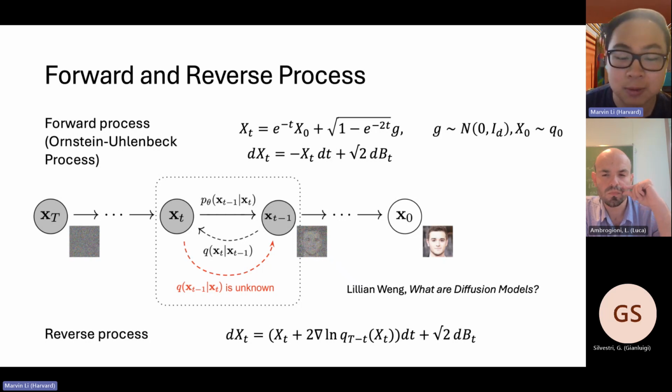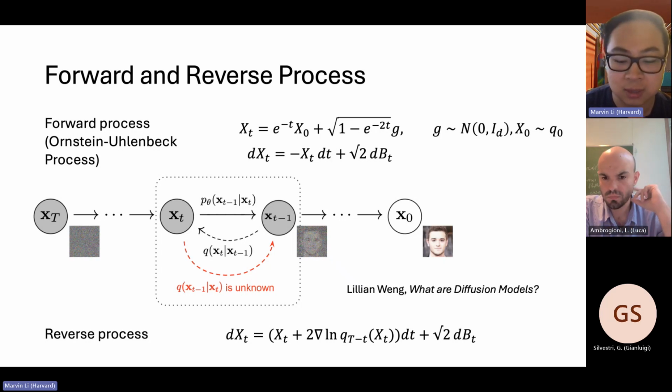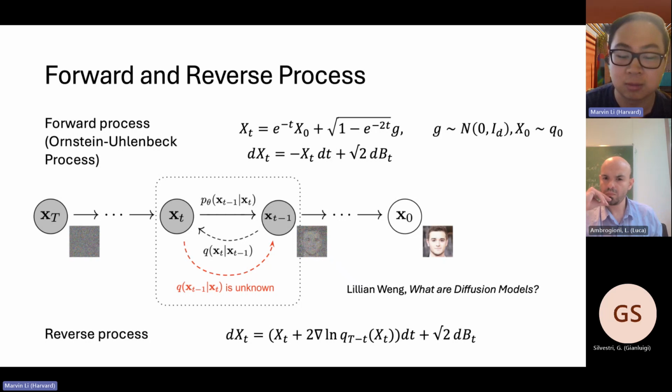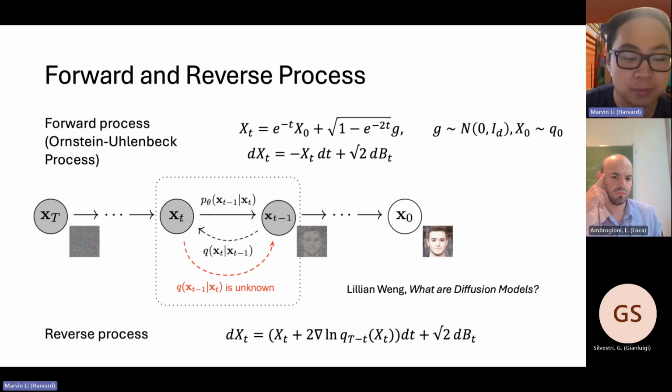In terms of the components, one, we have an xt term. In the original forward process, you dilute the image, and this xt term is expanding it. Then you include this other term, 2 grad log q of t minus t. This is what's called the score. It turns out learning this central component is all we need to do the reverse process. There's also the Brownian noise at the very end.